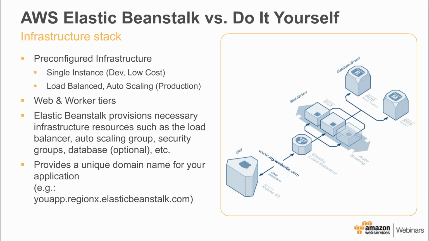So the full stack includes a custom Route 53 DNS name for each application, an elastic load balancer, one or more EC2 instances in an auto-scaling group, and then optionally a backend persistence layer like an RDS database. So you also get a lot of the glue in between all those pieces. You get things like an S3 bucket, which can be used to store your logs or your source code.